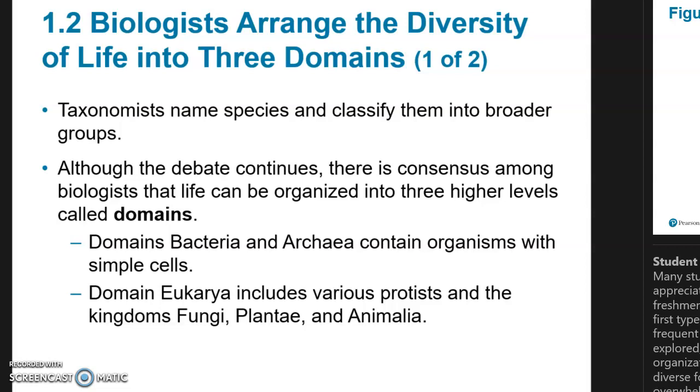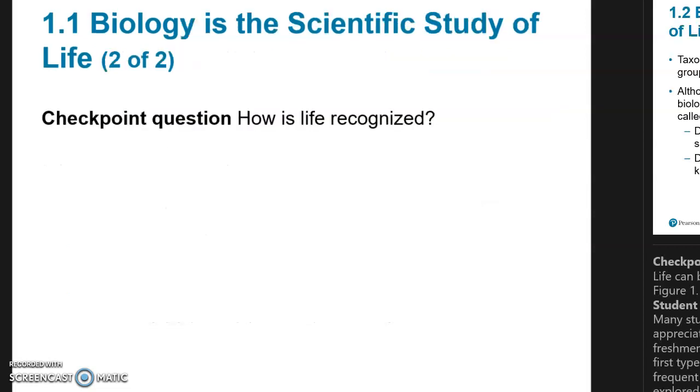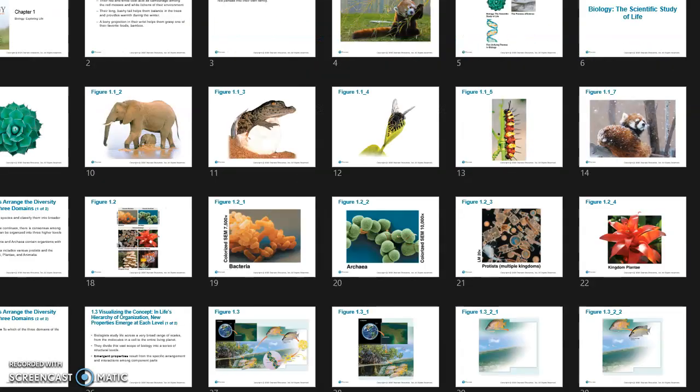Fungi. Plantae and Animalia. What kingdom do humans fit into? Where do we fit in that? Animalia, yeah. Okay, good.